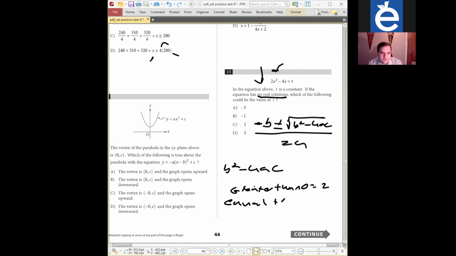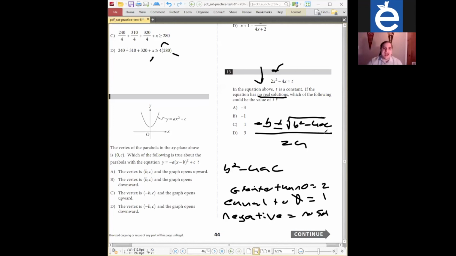Equal to 0, one solution. Negative, no solutions. All right, that's how this one works.